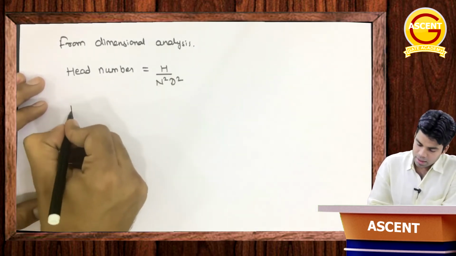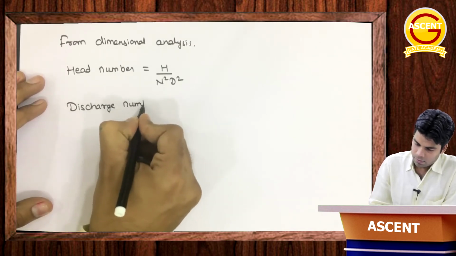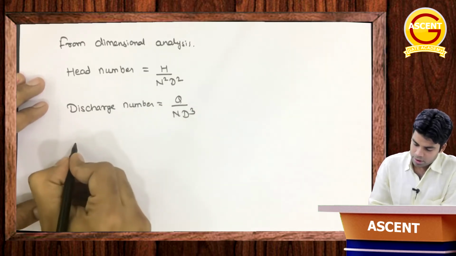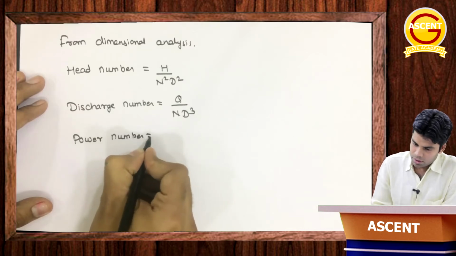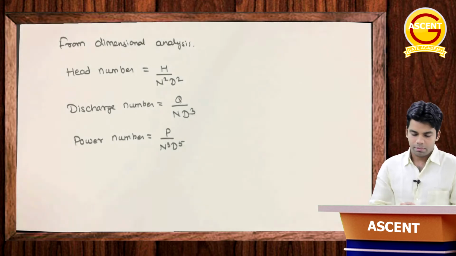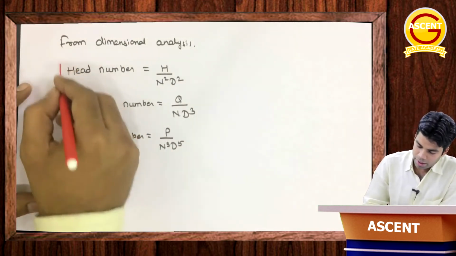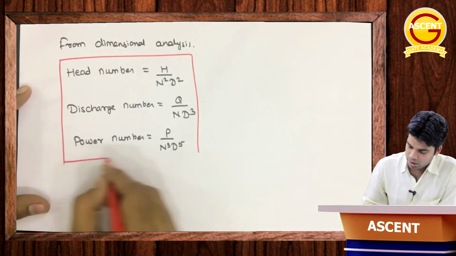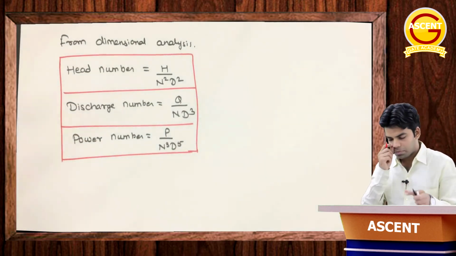Second is the discharge number, which is equal to Q by N D cube, and third is the power number, which is equal to P by N cube D raised power 5. Head number H by N square D square, discharge number Q by N D cube, and power number P by N cube D raised power 5. So these are the three very important numbers.